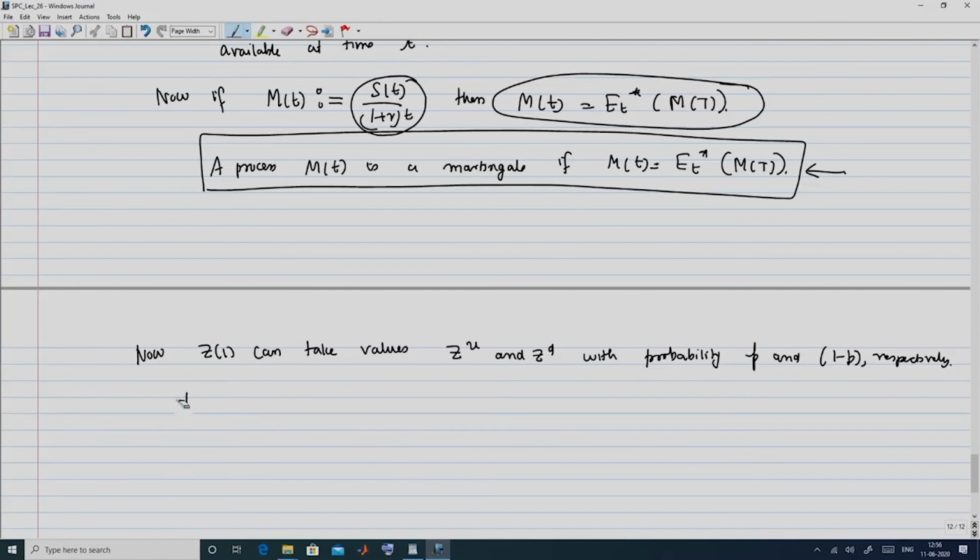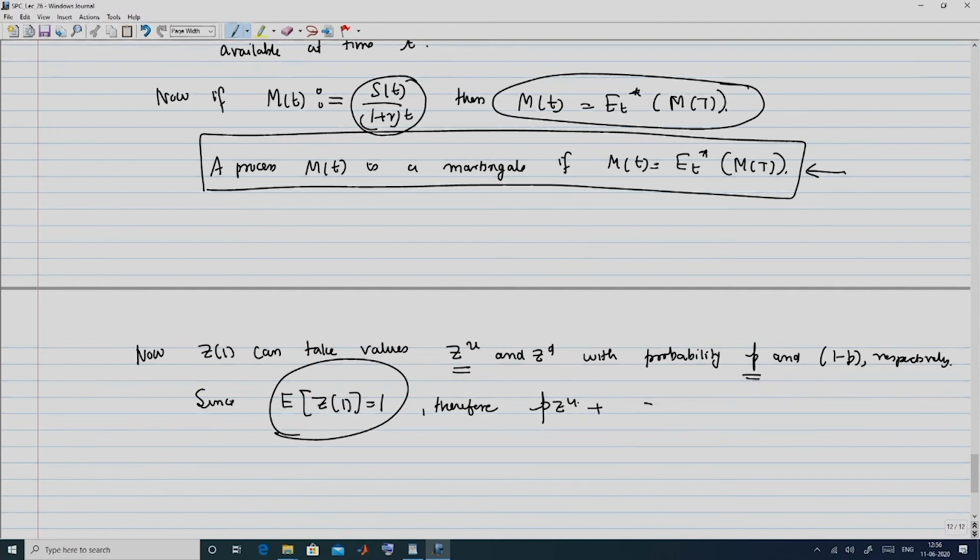Since the expected value of Z1 is equal to 1 by definition of Z1, therefore P into ZU plus 1 minus P into ZD is the expected value of Z1, and this is going to be equal to 1.